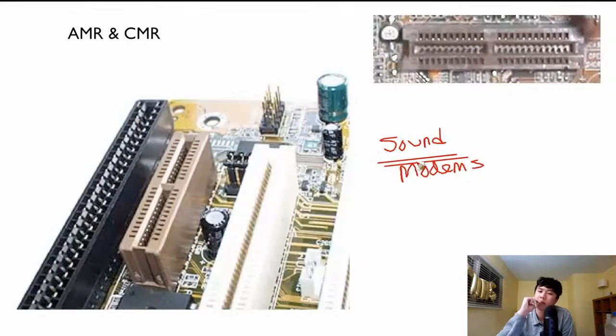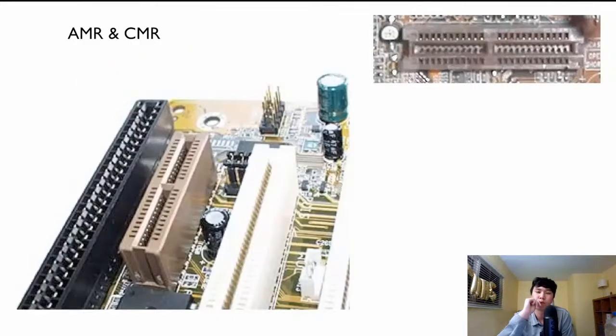But either way, this was specifically for audio and modems, and the reason you can remember that is because AMR is audio modem riser. Right? And these were specifically for the needs of audio and modem capabilities. We don't see them a lot anymore, again, because of PCIe, which basically did away with all of these other weird expansion ports that they tried putting in.